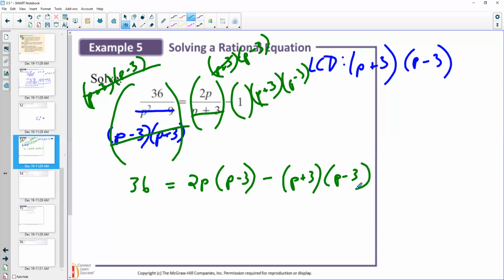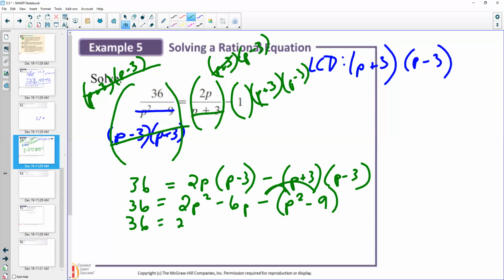All right, so now I have a little more work to do, right? So I have 36 over here. I'm going to get 2p squared minus 6p minus, I know that that makes a difference of squares, p squared minus 9. All right, that negative has to get distributed, so let's do that. 36 equals 2p squared minus 6p minus p squared plus 9.